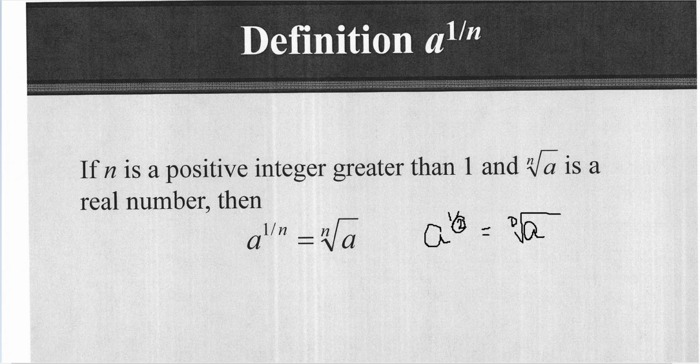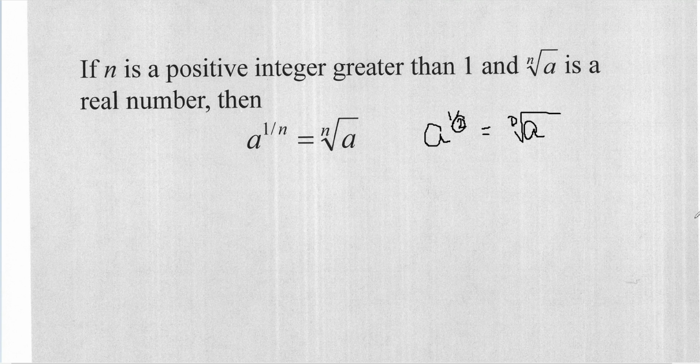So if I wrote this up a little differently, just so you get the idea of how you form these from a rational exponent into the radical form: a to the n over d, with n the numerator and d the denominator, is going to equal the d root, where d is your denominator, whatever number that is, of a raised to the n.